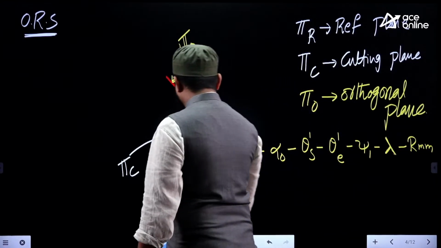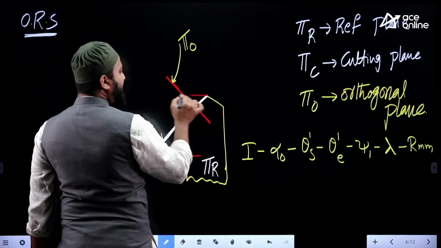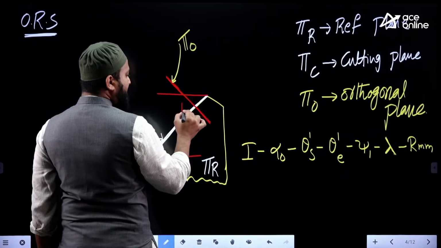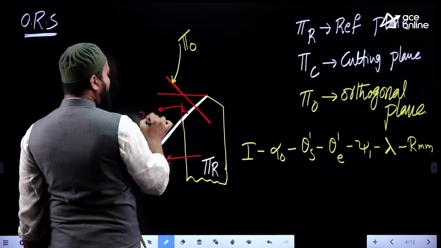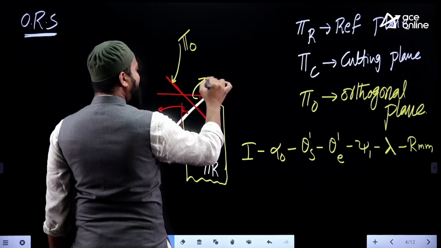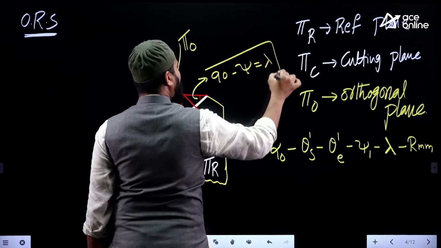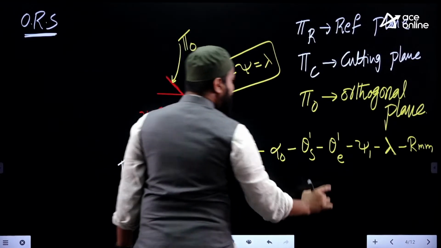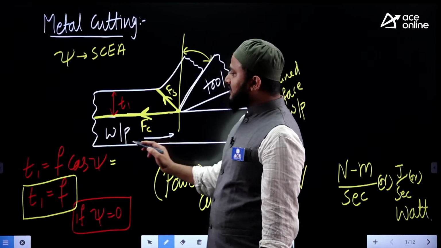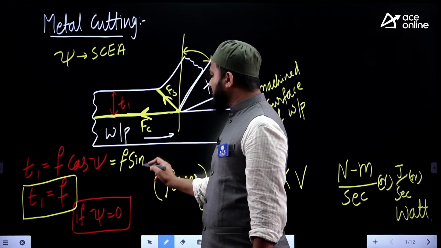So this approach angle is the angle for the side cutting edge in the feed direction. This is the side cutting edge angle in the top view, whereas this one will be the remaining angle to the side cutting edge angle, which is always 90 minus psi; we call it the approach angle. So sometimes, if the ORS system is given, then the uncut chip thickness will be F sin lambda also.